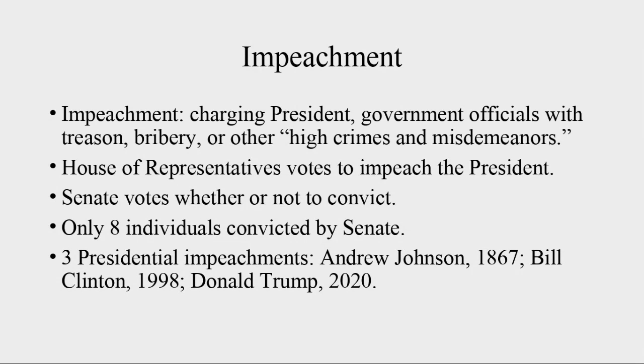They hear testimony, they look at the evidence, and they vote to impeach the president on certain charges. President Clinton was charged by the House with lying under oath and obstruction of justice.